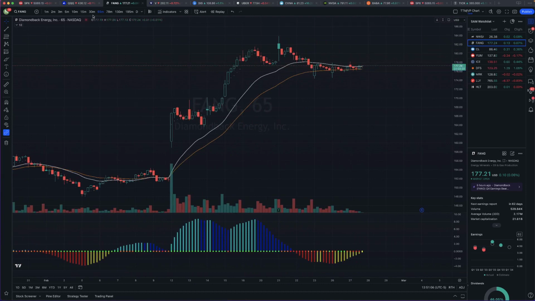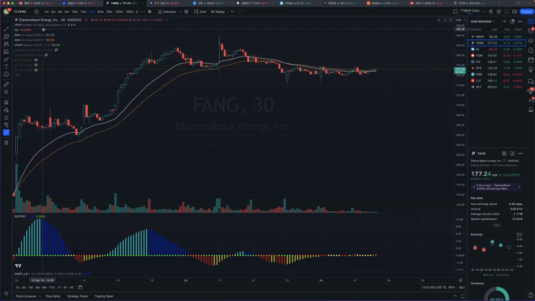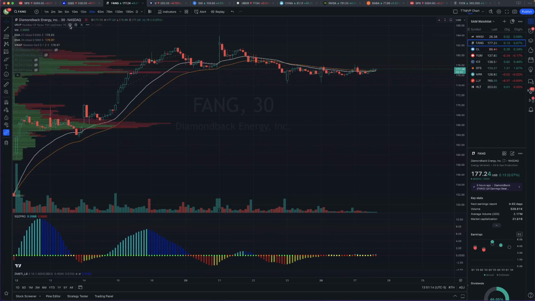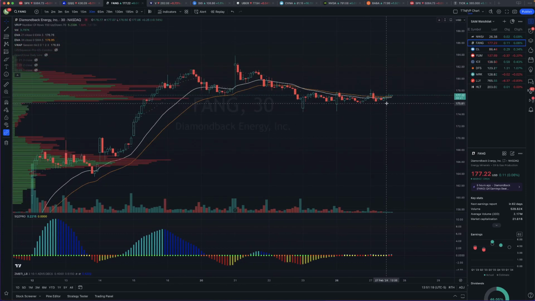And the first thing we're going to do is come in and create our upper and our lower value areas. If I can get my volume profile to start showing. So here, this value area low is essentially here at 175.74.